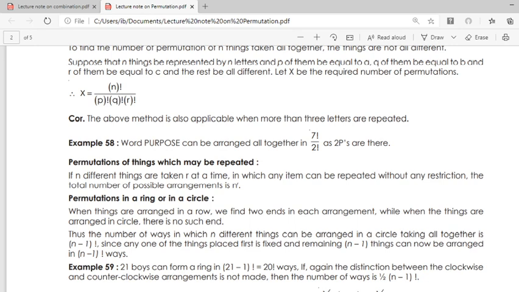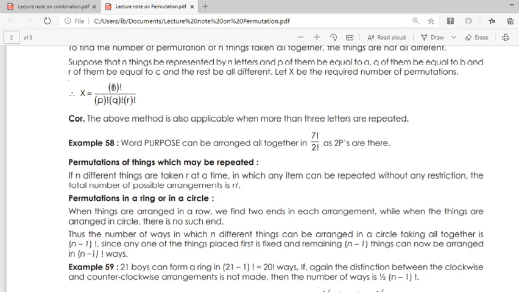What this is just saying is that if, for example, you have the word purpose, in how many ways can you arrange the letters together? If you look at the word purpose, you count the letters, you see that there are seven. That is 7 factorial. Now you ask yourself, there are two p's there. There are two p's that repeat themselves. So you have 7 factorial over 2 factorial because you have two p's.